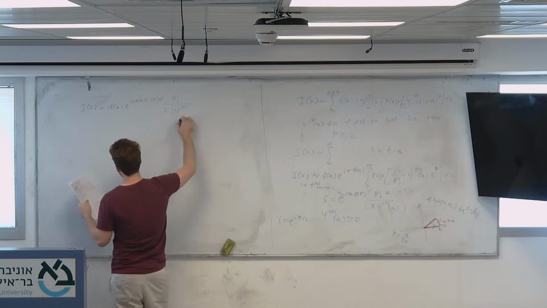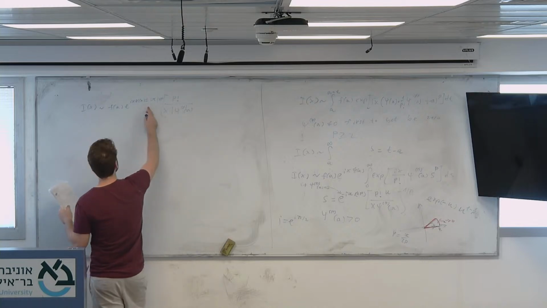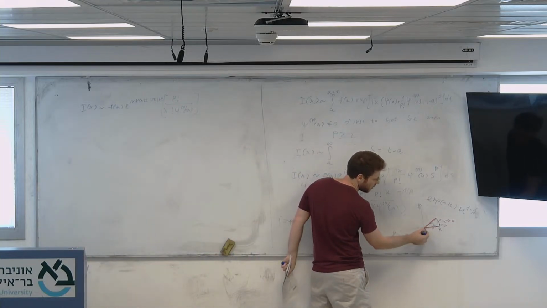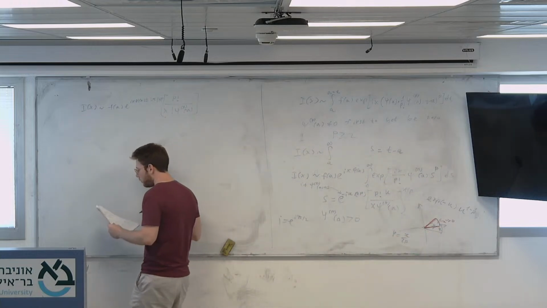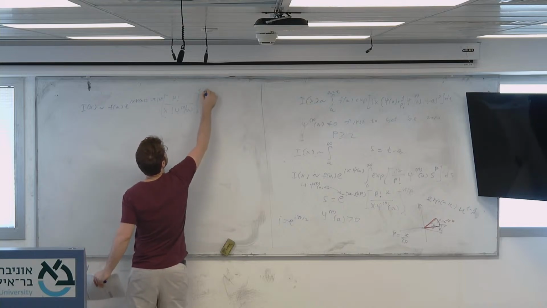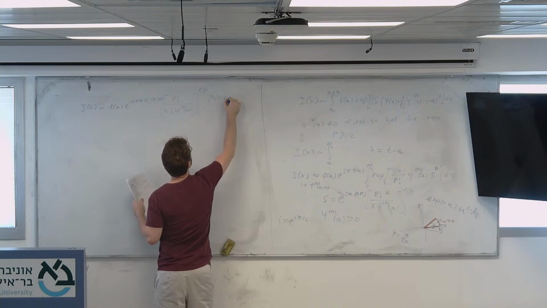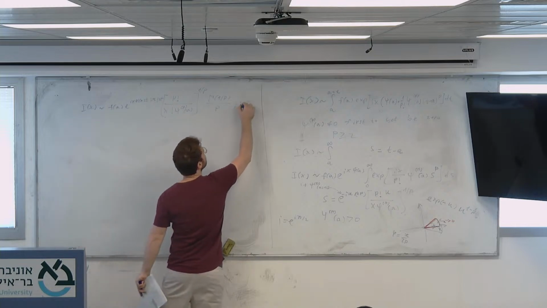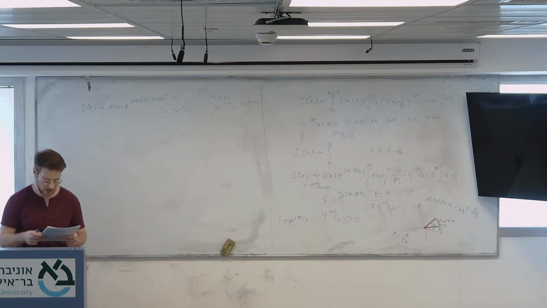This is an absolute value because it depends on if it's positive or not. We'll have a plus minus here, right? That just means if we rotate this way or the other way, okay? 1 over p gamma of 1 over p. Okay, this is for x goes to infinity.